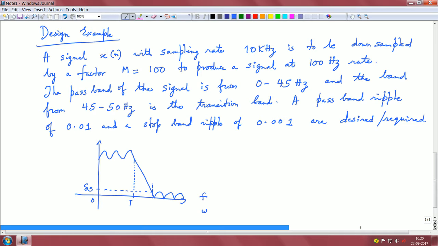This is Fp in the pass band, this is Fs in the stop band, and this 0.5 is normalized frequencies, and this is pi at the Nyquist, omega s, omega p.